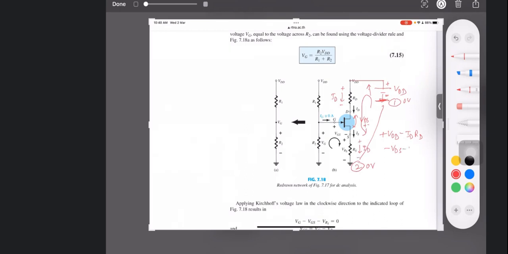Current flows from higher potential to lower. That is equal to 0. So VDS is nothing but VDD minus IDRD minus IDRS, or in a nutshell, you can say ID times RD plus RS. That's it. I hope you understand it now.